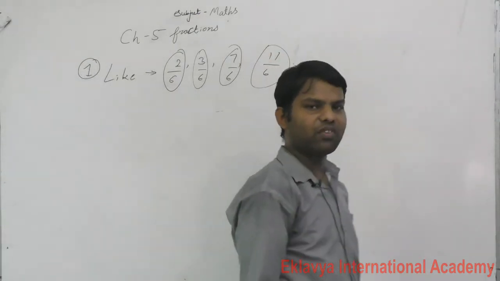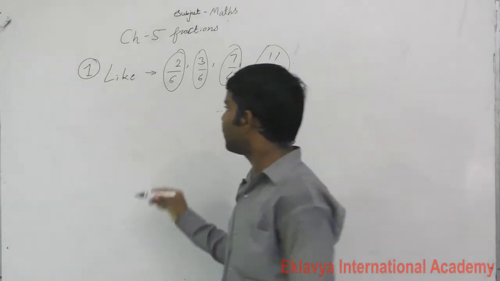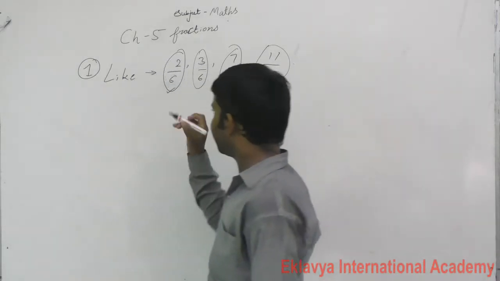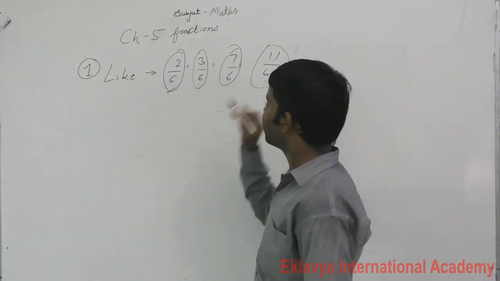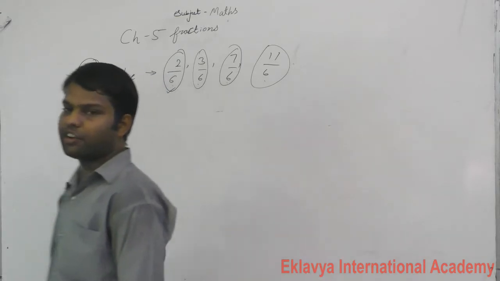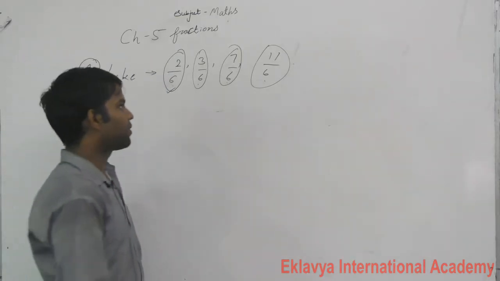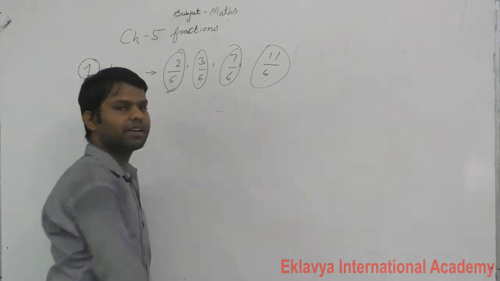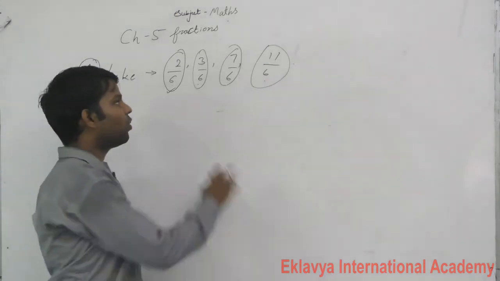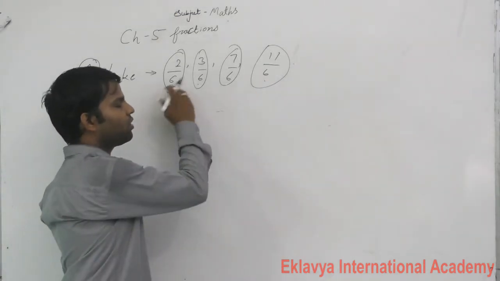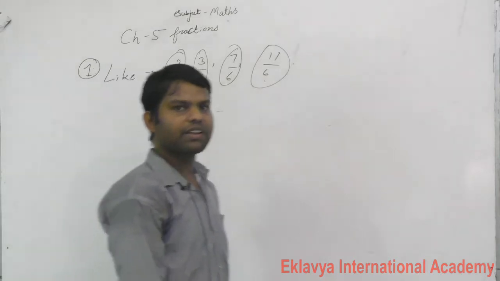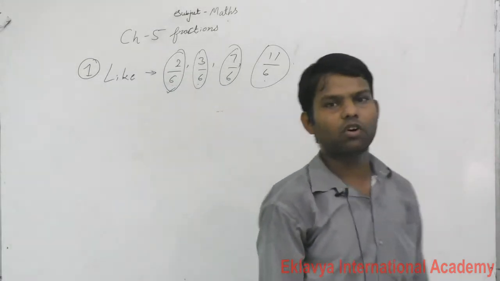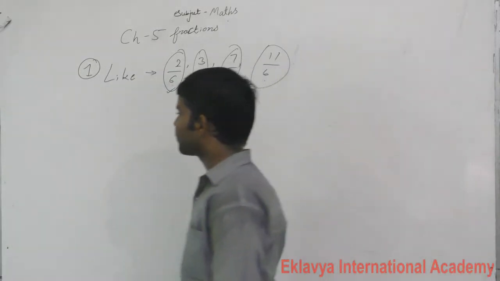These are different fractions, but we will see that in all fractions the denominators are the same. Like here 6, here also 6, here also 6, here also 6. In all fractions if the denominators are the same, then it is called like fraction.